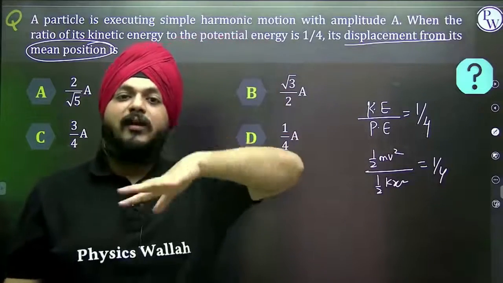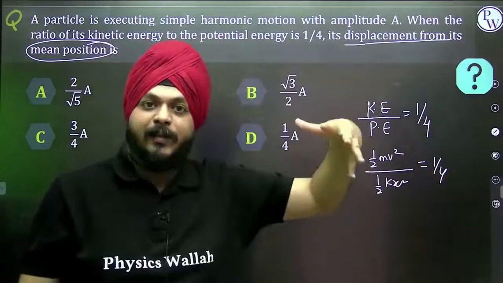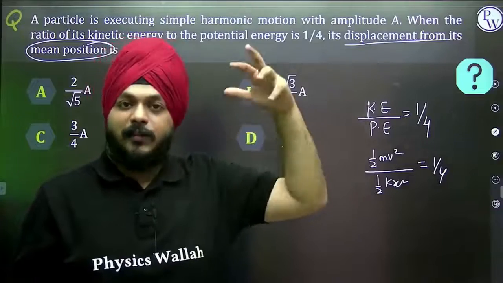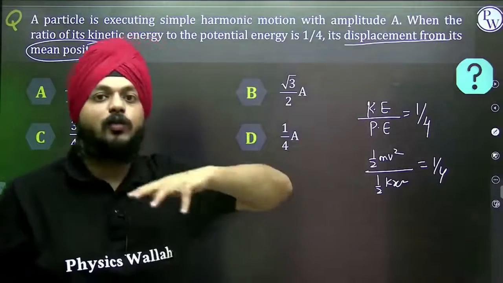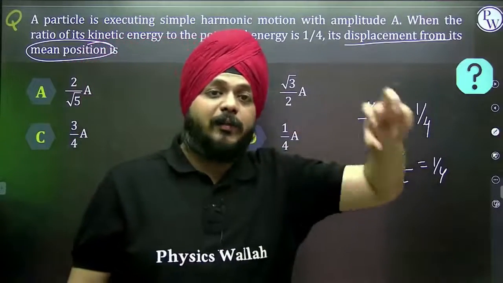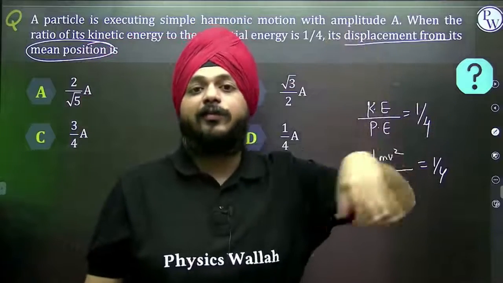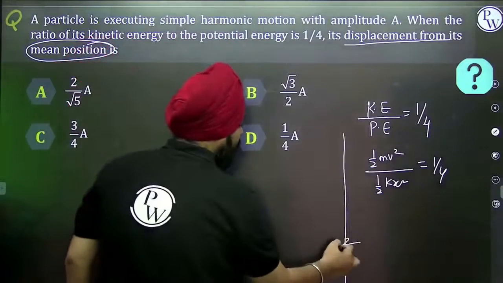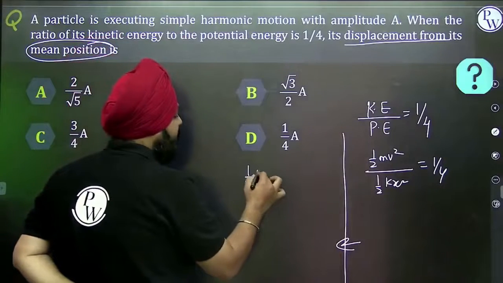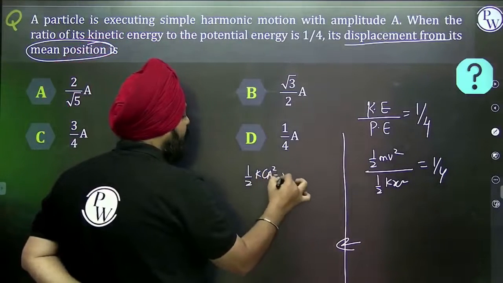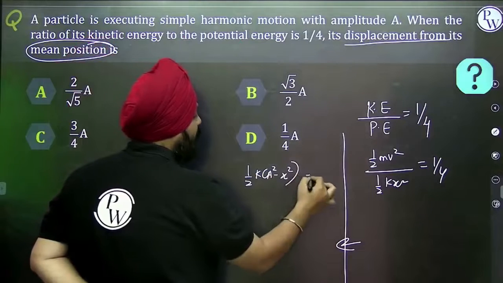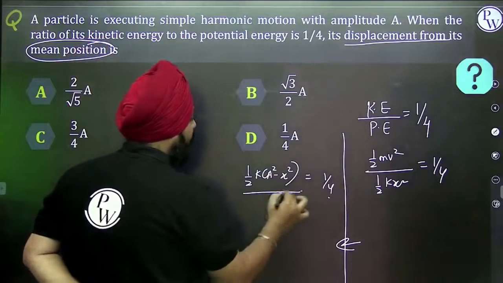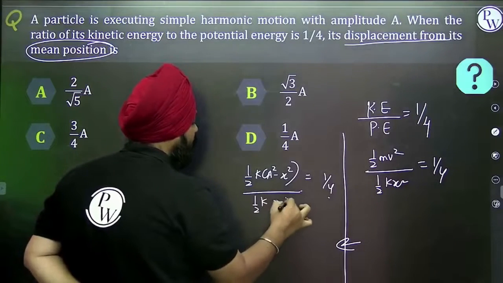So that's why questions based on energies are kept. Because this is a crash course, it will help us cover all of these aspects of the fundamentals of SHM. Now it is given as 1/4. Can I say kinetic energy is half k (a square minus x square), that is equal to 1/4, and the whole divided by the potential energy, half k x square.